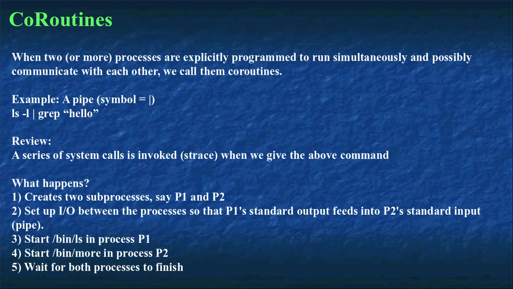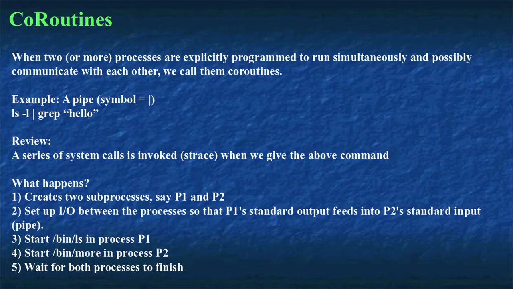The first process is ls -l, which is a series of system calls, and grep is another process, another series of system calls. These two processes are related through the pipe symbol, which essentially means that the output of process 1 becomes the input of process 2.